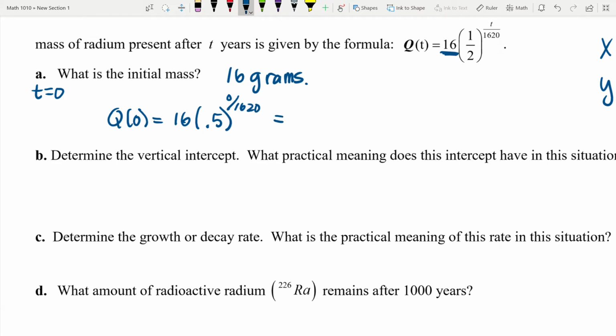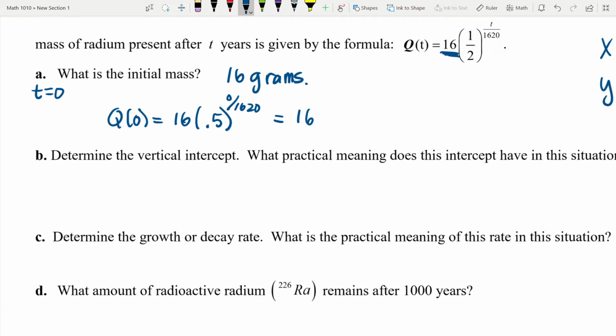Now, you could absolutely put this in your calculator, and we will in a second, but everybody just look at it. 0 over 1600 is a 0. 1/2 to the 0 is a 1. 1 times 16 is 16. So I know it's 16. Just look at that number and that's where you start.